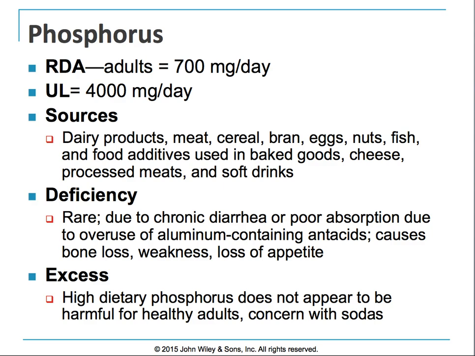Deficiency of phosphorus is very rare, but it can be seen due to chronic diarrhea or poor absorption due to the overuse of aluminum-containing antacids. And phosphorus deficiency can cause bone loss, weakness, or loss of appetite. Excess phosphorus consumption does not appear to be harmful for healthy adults, but it can be a concern with overconsumption of soft drinks.